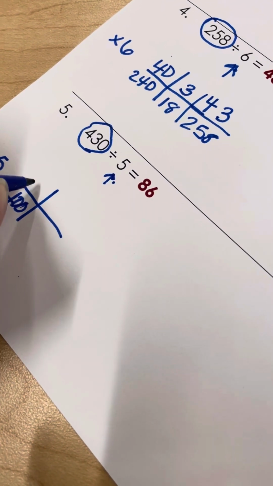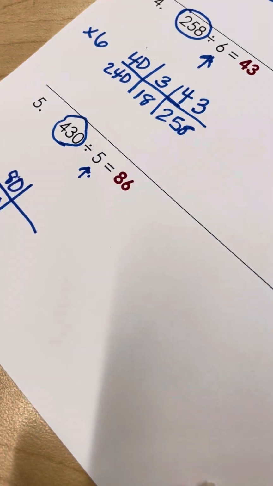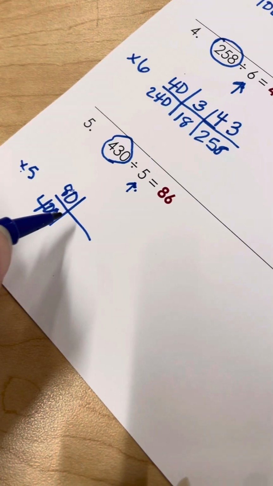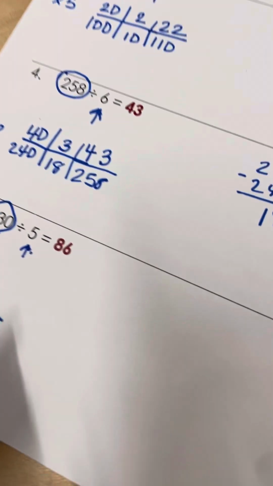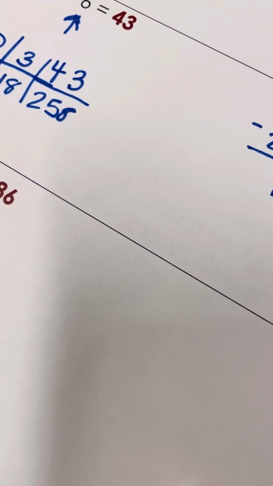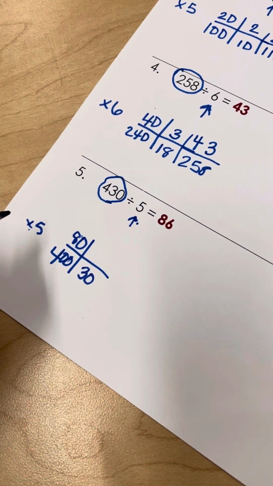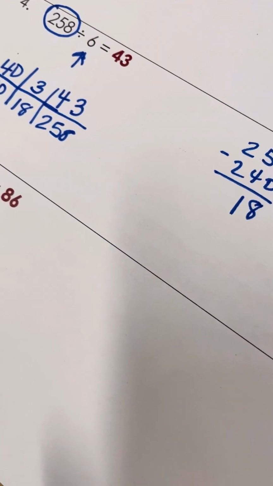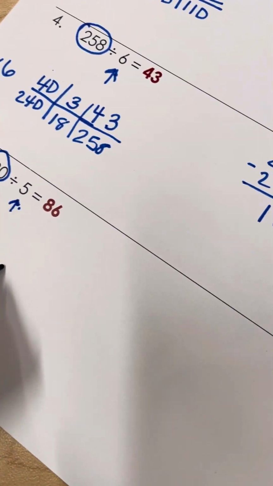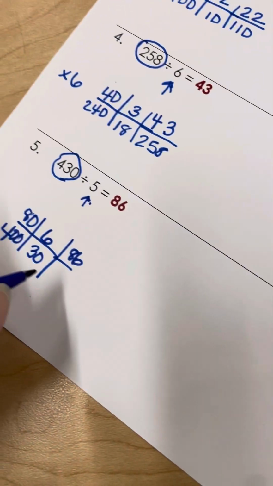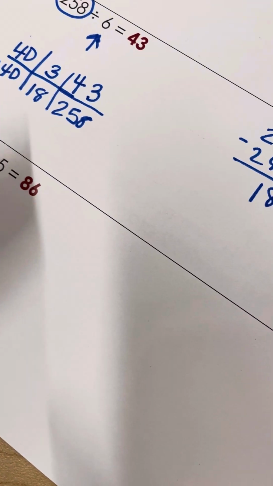And that should be 80. So 8 times 5 is 400. If I look back at my original number, I'm only 30 away from it. So I'm going to plug 30 into the bottom. And then I'm asking myself the same thing. What times 5 is 30? 6. I'm going to add these two numbers together, and I get my quotient.